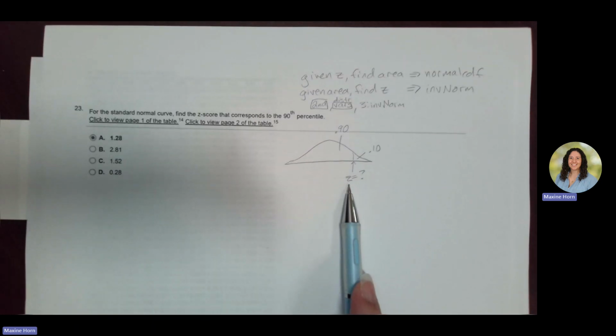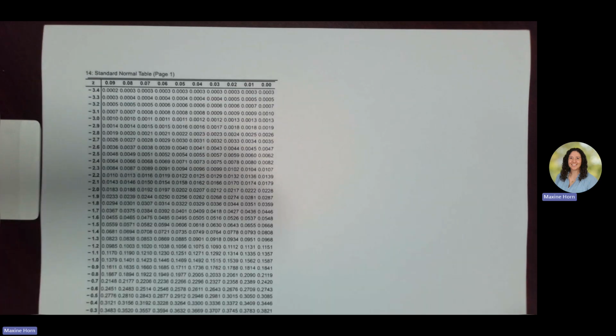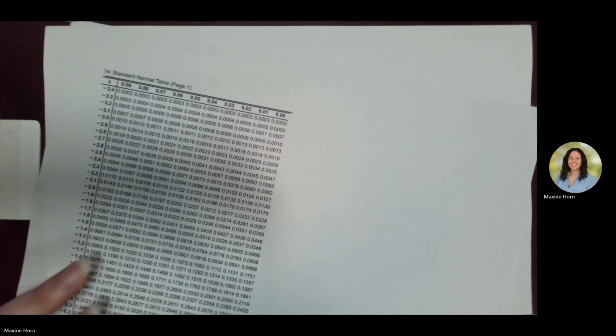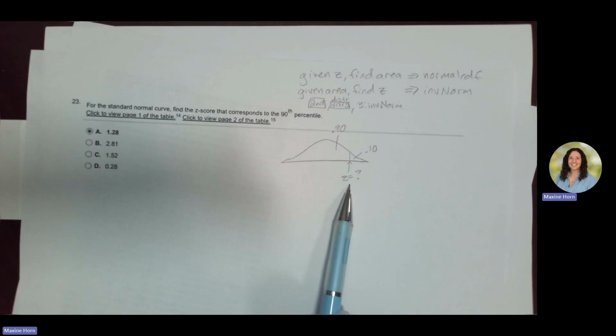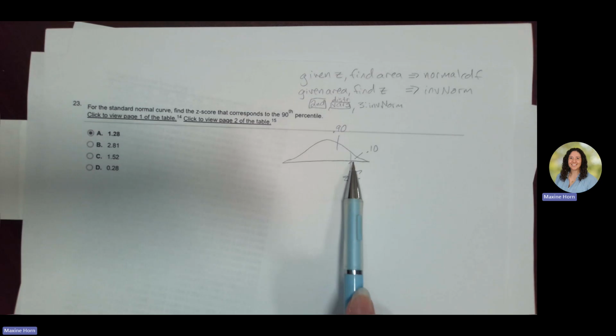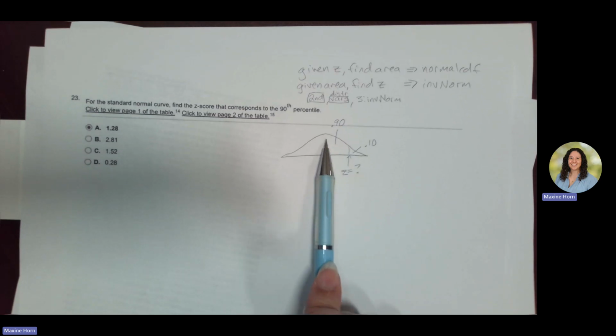So we need to say first to ourselves, well, which table should I be starting to look at? There's a lot of numbers here. Should I look here or should I look here? Well, is my z-score going to be negative or positive? If 90% of the area is to the left, I know my z-score has to be to the right because 90% is more than 50%.